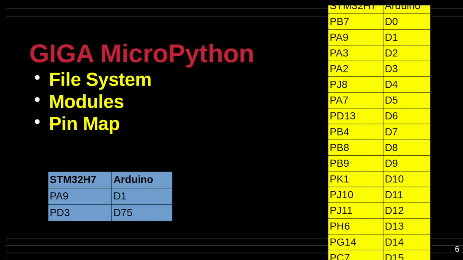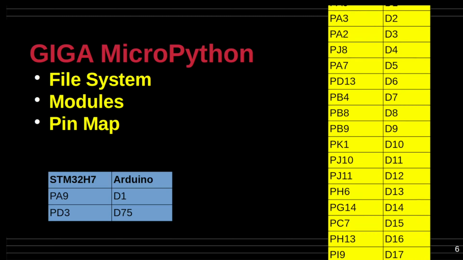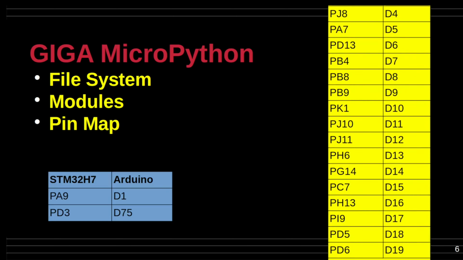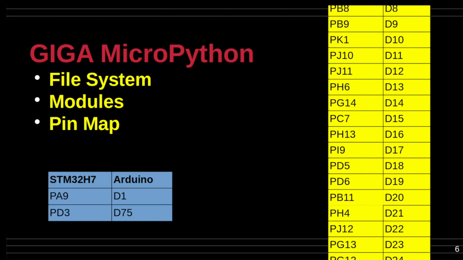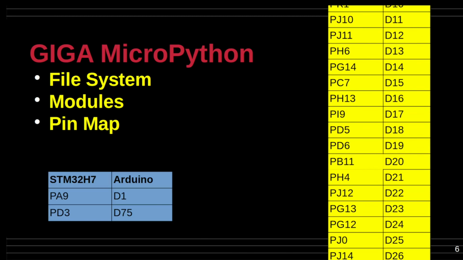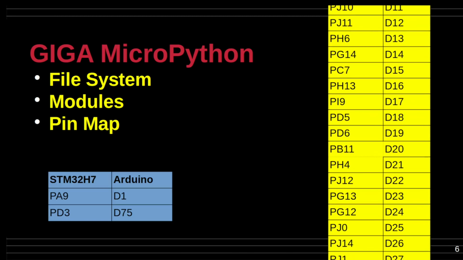Boot.py runs when the device is loaded. The recommendation is not to edit this file. Main.py runs after boot.py has run successfully. Any code that needs to run immediately after the device has been loaded should be embedded in this file.